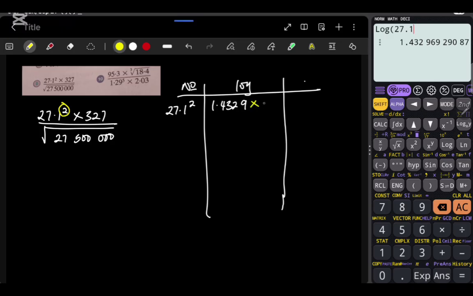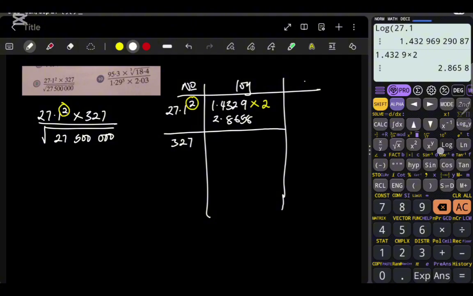Squared means you're going to multiply by the number, which is 2. So that'll be 1.4329 times 2, and that gives you 2.8658. So we'll move to the next number, which in this case is 327.